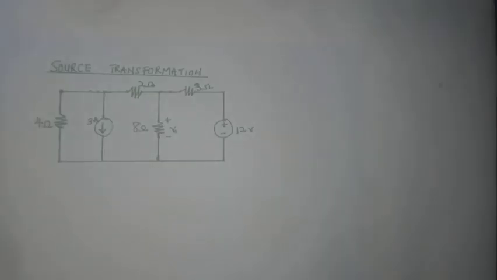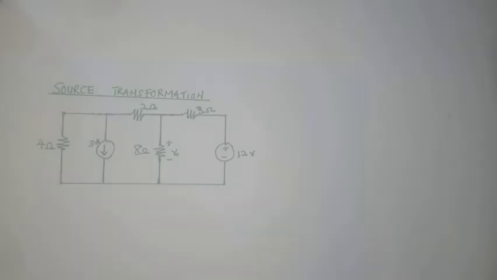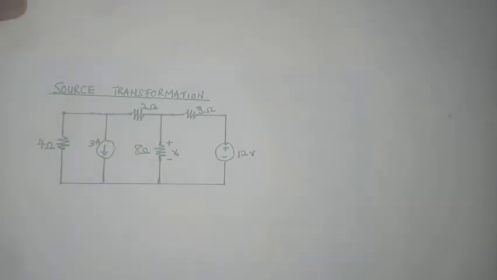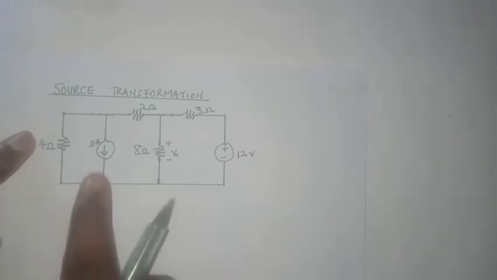Using this simple introduction, we will now proceed to using source transformation to find the voltage across the 8 ohm resistor. The first thing we're going to do is start from here.